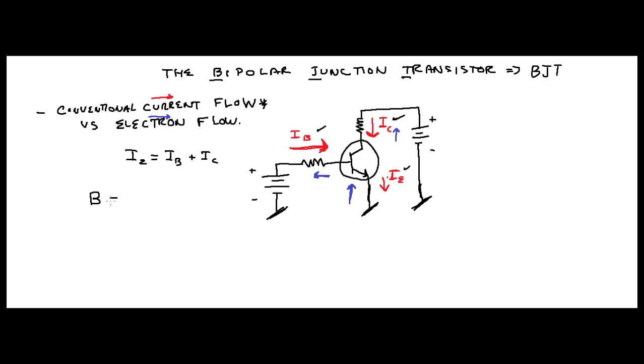And beta is going to equal what's going to be termed as your collector current divided by your base current. Remember, your base current is very small, right? Your collector current obviously is larger, right?